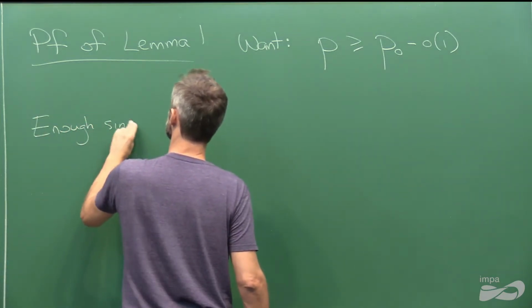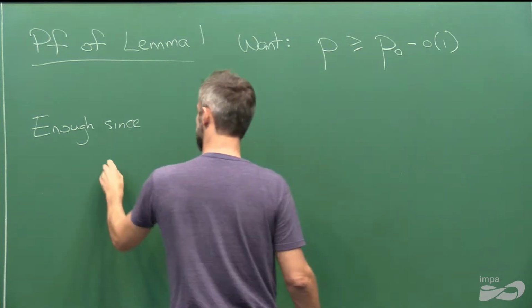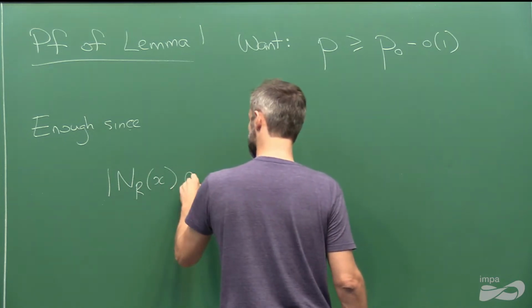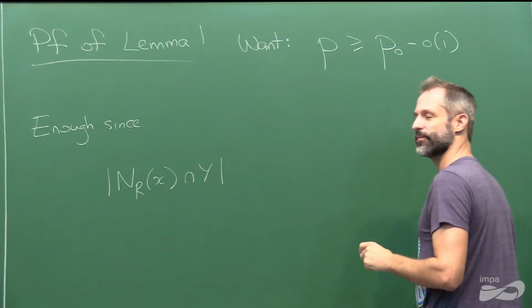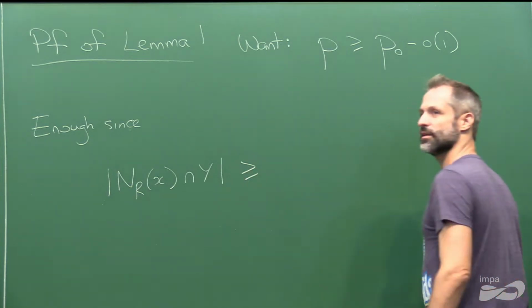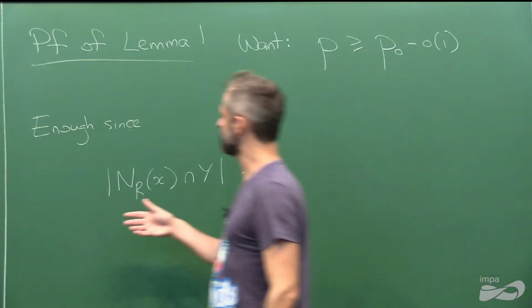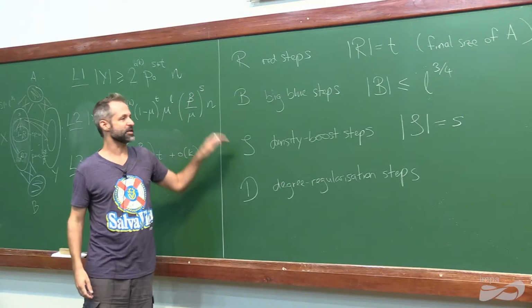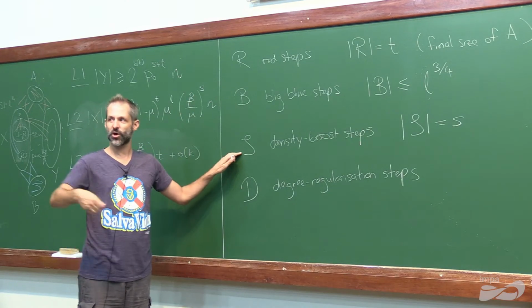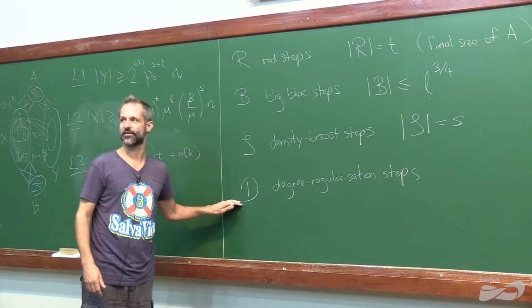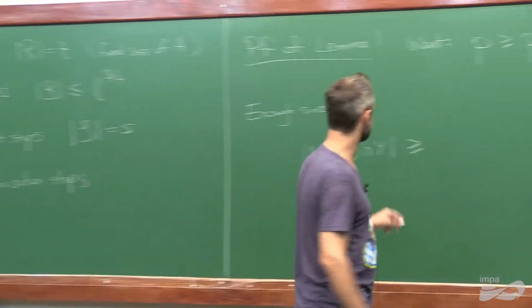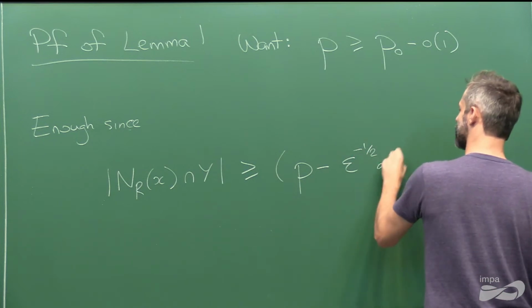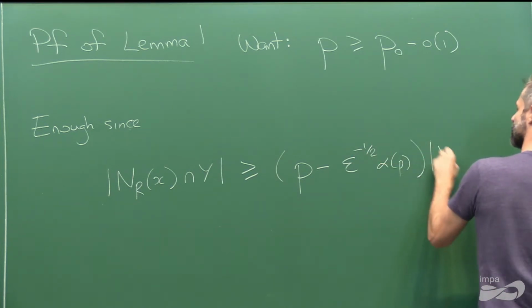Since the size of the red neighborhood of x intersect y is at least what? Well, in a red or a density boost step, we chose x after doing degree regularization. So it's at least p minus epsilon to the minus a half times alpha of p times y.